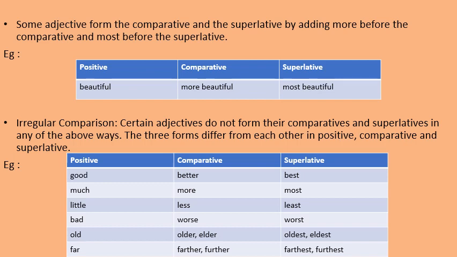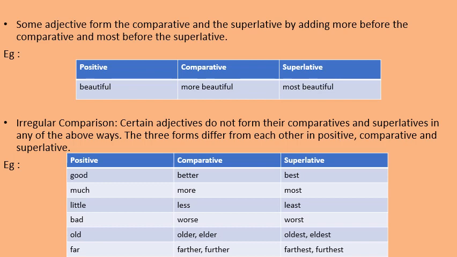Some words don't take ER or EST, or add more, most, less or least before the positive word. When they are changed into comparative and superlative, the word is totally changed. This type of adjective is known as irregular comparison.